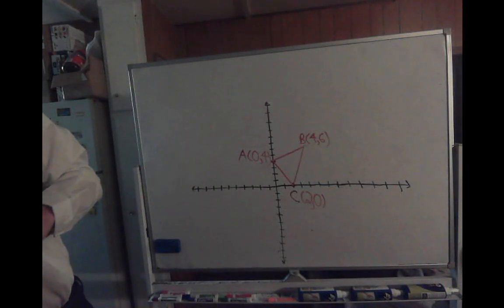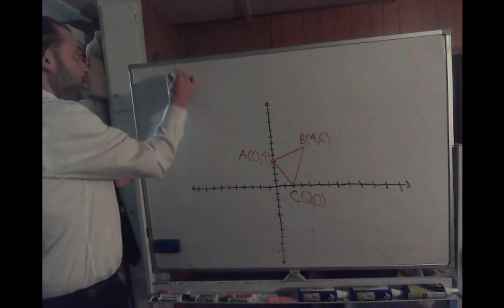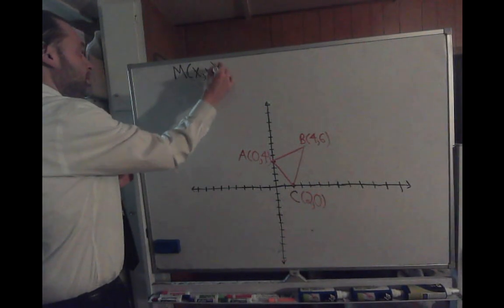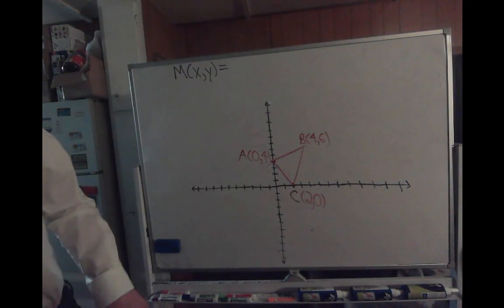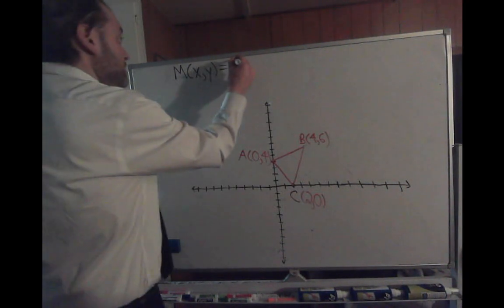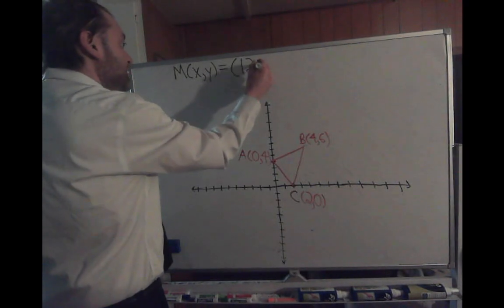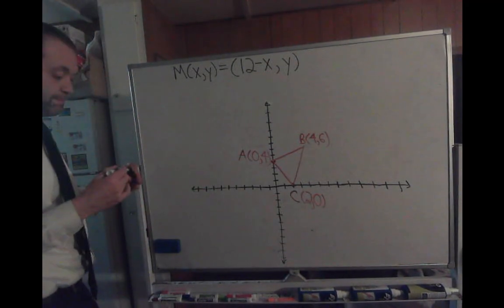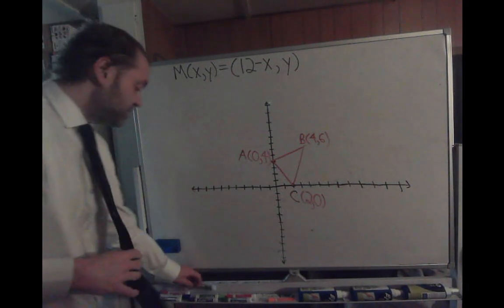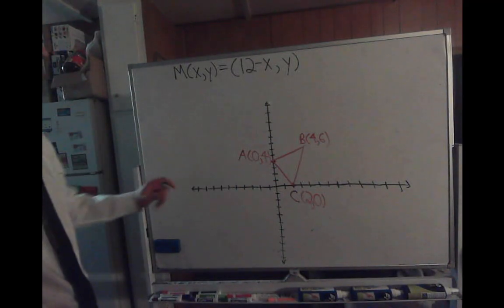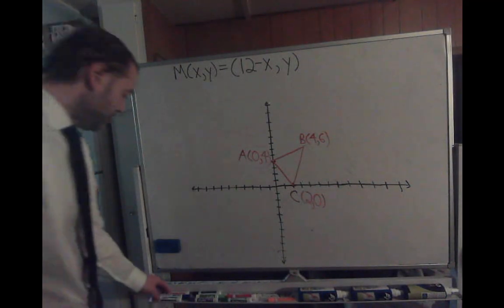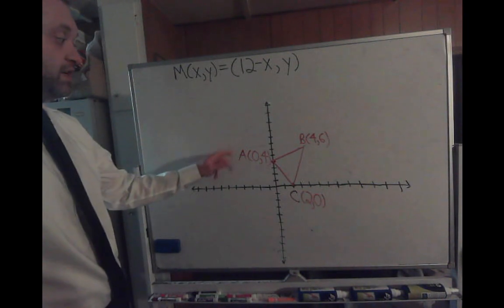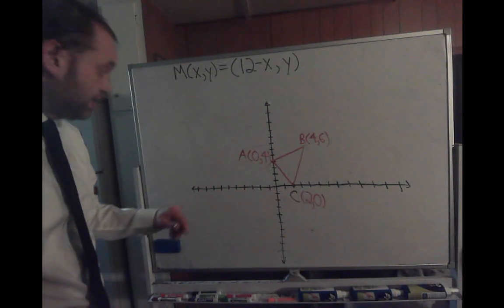We have here m of x,y is equal to the following. You have 12 minus x for your x and just plain old y for your y. So we're going to find the image of each of these. Let's find the image of A, which would be A prime, 0, 4.